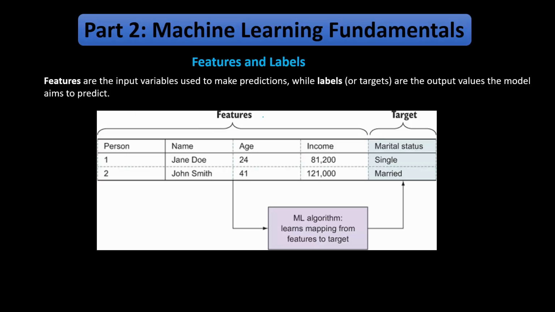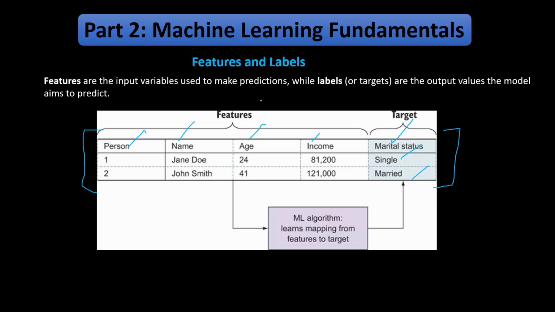Now let's understand features and target. This is quite simple. For example, let's say we have this tabular data set, where we have some input features like person name, age, and income, and we have marital status. Based on person name, age, and income, we are going to predict whether the person is single or married. So this is a classification problem.